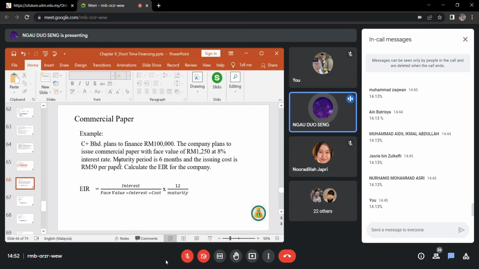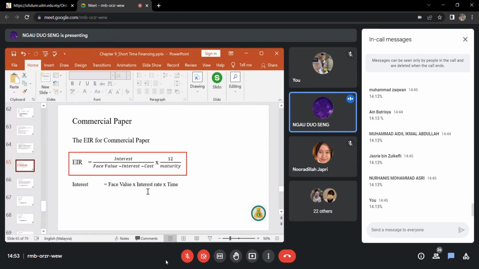So this one dia bagi dalam per paper. I seen the question dia bagi dalam satu per paper, so kita guna per paper lah. So calculate the EIR for the company. The first thing we calculate the interest, adalah face value darab dengan interest rate darab dengan time.